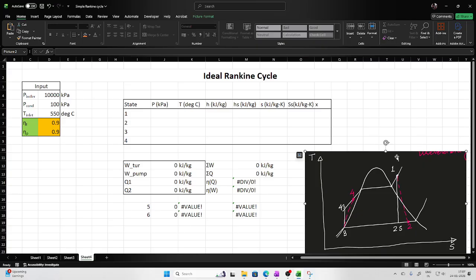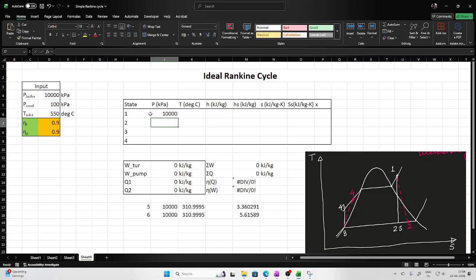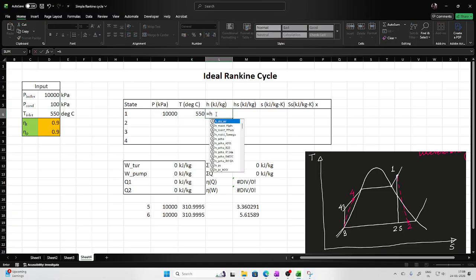Now this is my cycle and state 1 is the point where the steam enters the turbine. So it is entering at the boiler pressure. The temperature is the inlet temperature of steam and the enthalpy can be evaluated with respect to pressure and temperature for water. This is the pressure, this is the temperature.